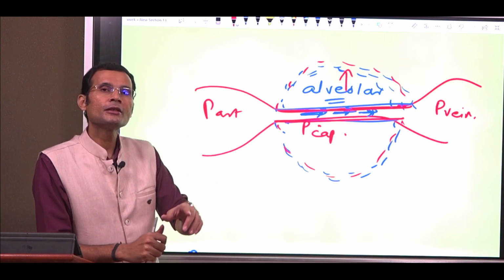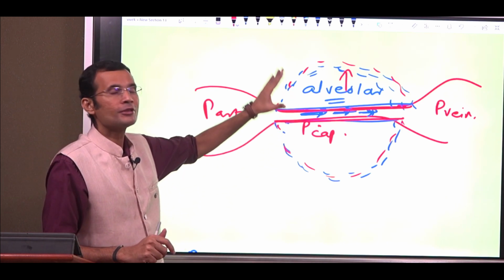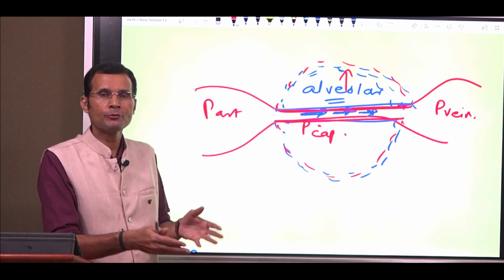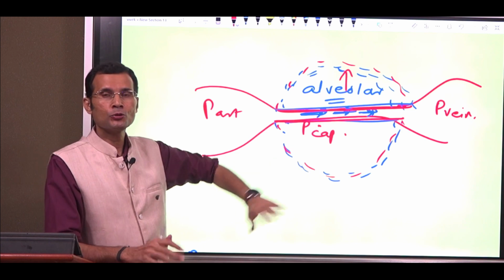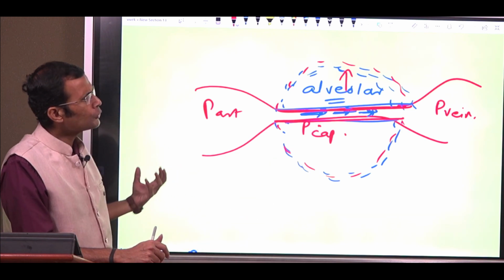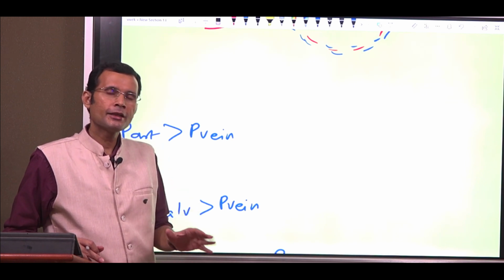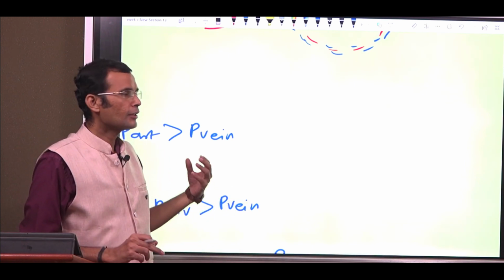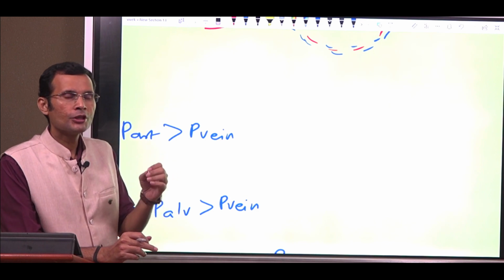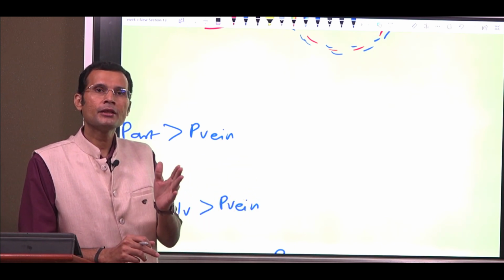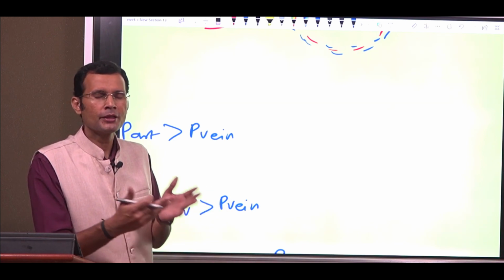And the other influencing factor was alveolar pressure. Yes, in the form of positive pressure ventilation, it can alter the zones of blood flow. So these are some of the special characteristics related to the pulmonary circulation. Now, the next video will be about pulmonary vascular resistance and pulmonary artery hypertension, or pulmonary hypertension.